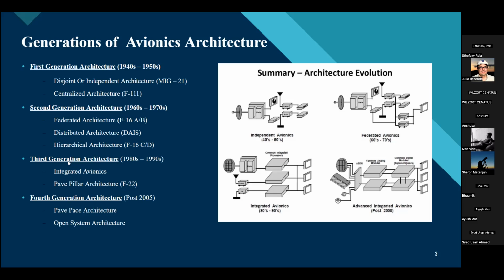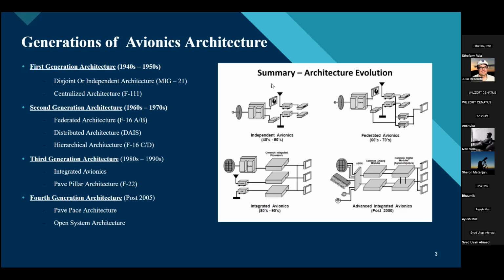Then we have the third generation architecture, from the 1980s to 1990s. It was called integrated avionics or PAVE PILLAR architecture, which was also used in the F-22, a more modern fighter jet of the USA. Then we have the fourth generation architecture, which is the modern era, and we are using PAVE-based architecture and open system architecture.